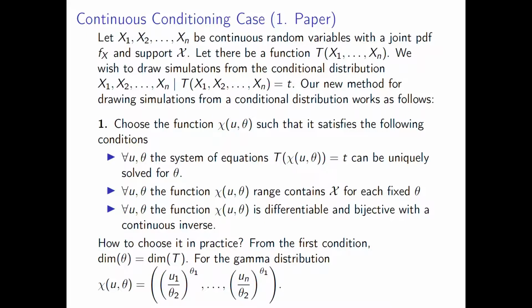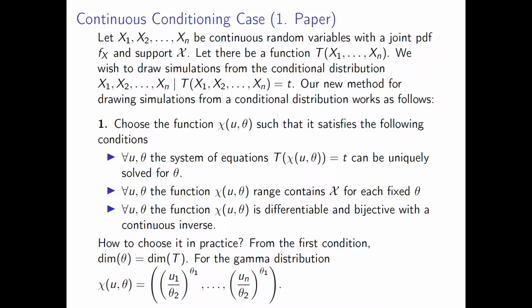It doesn't have to be sufficient. This method is a bit more general, so the statistic doesn't have to be sufficient, it just has to be a function. And we wish to draw simulations from this conditional distribution of the random variables with the function of them being t.